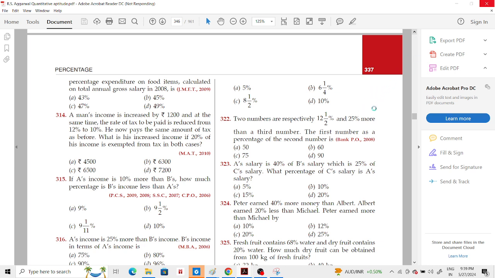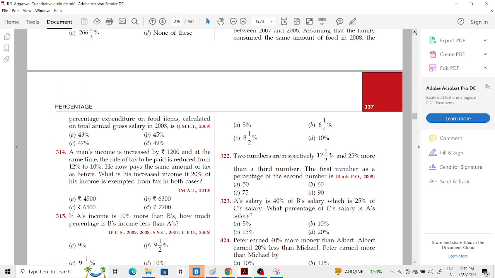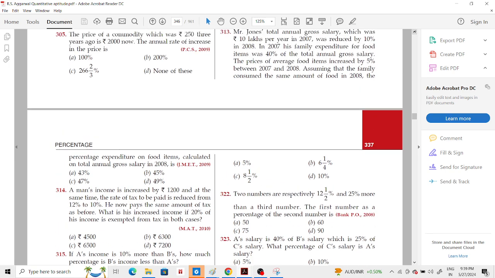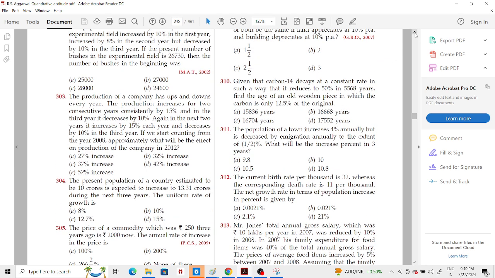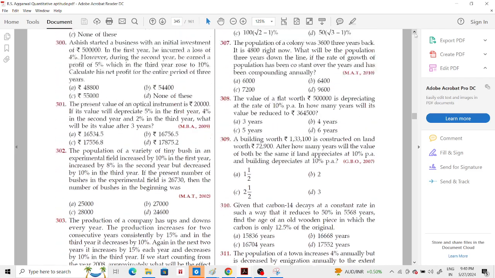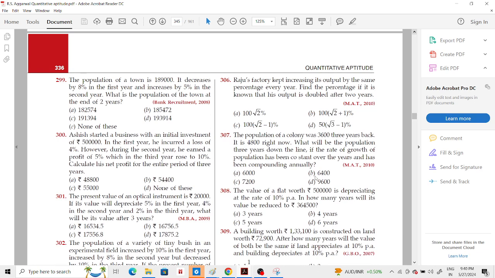But let me open the PDF. Yeah, these two, 307 and 6.